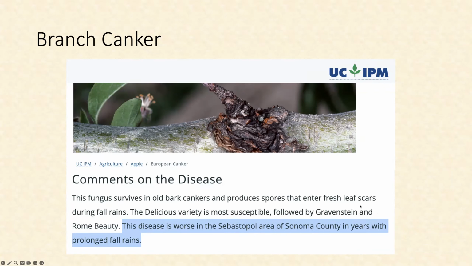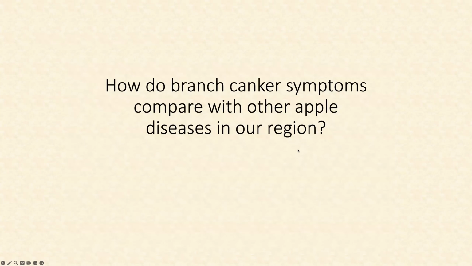So this is just something to bear in mind. It also mentions that Gravenstein and Delicious varieties tend to be susceptible, and Rome Beauty as well. So you can always check out the UCIPM page to learn more about this as well, and other pests.